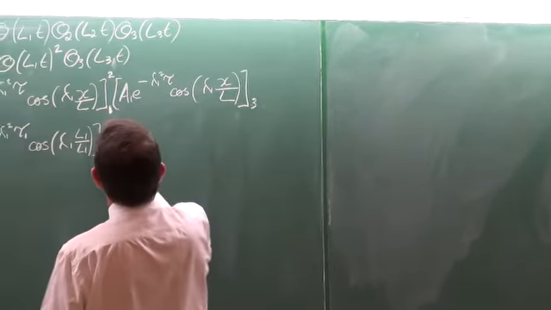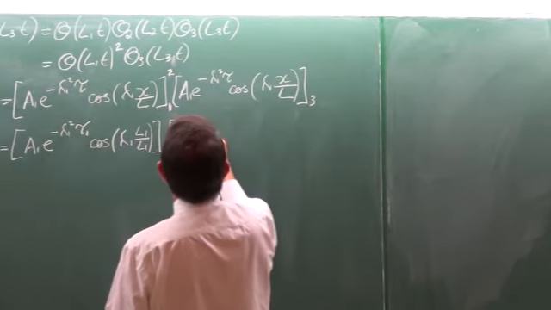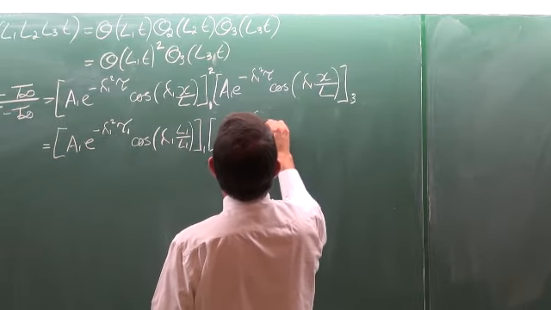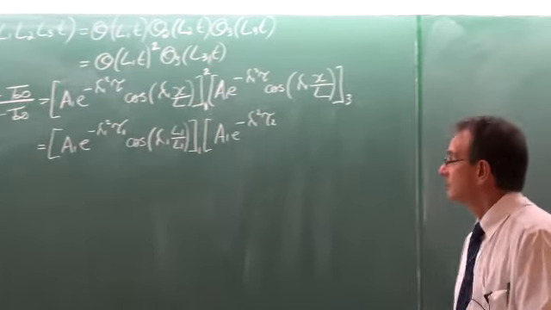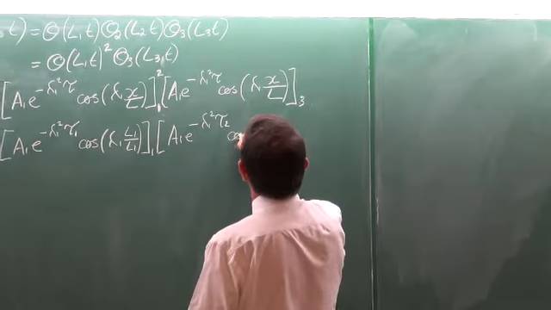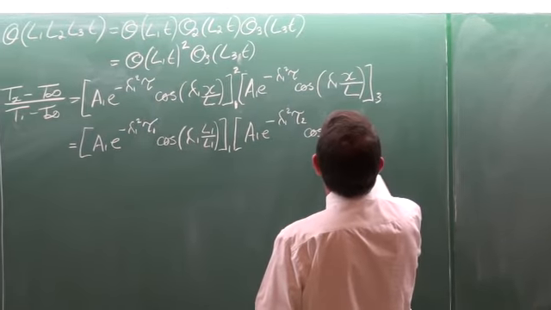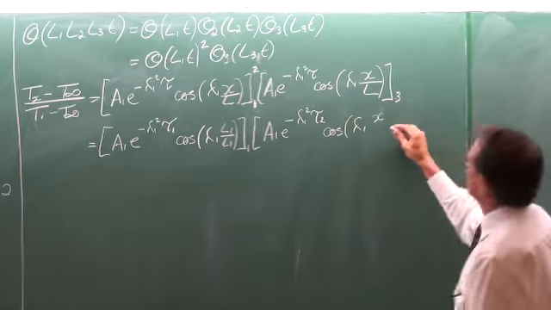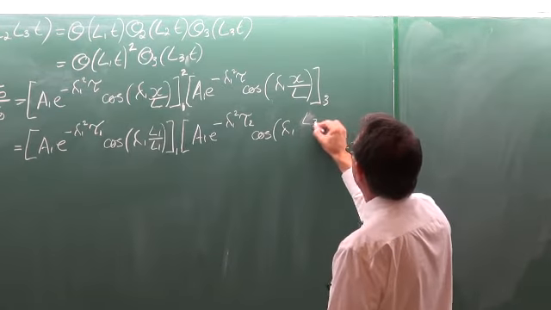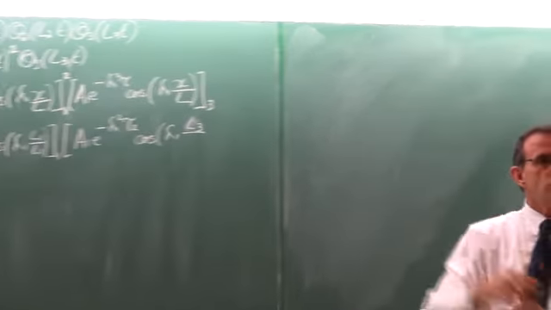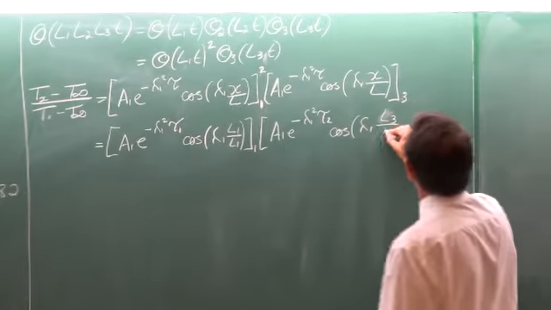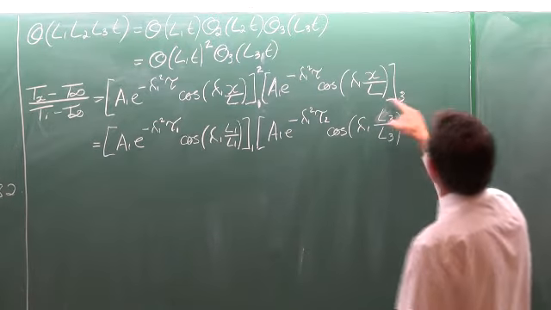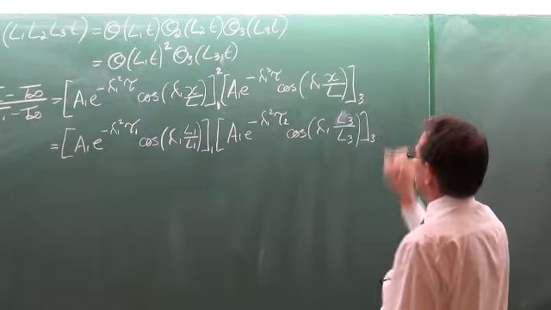Multiplied by A1 e to the minus lambda 1 squared, and I'm going to call this tau 2, multiplied by the cos of lambda 1 x, where x is now equal to L3, because we wanted the solution on the surface, L3 divided by L3, the third one, like that.